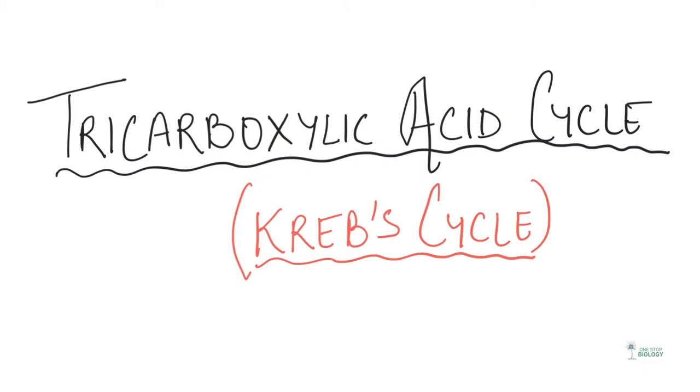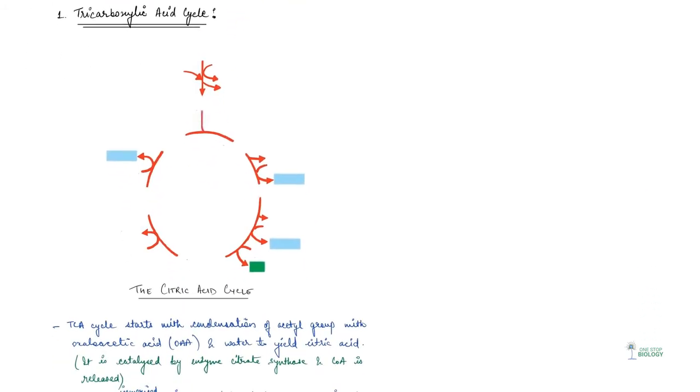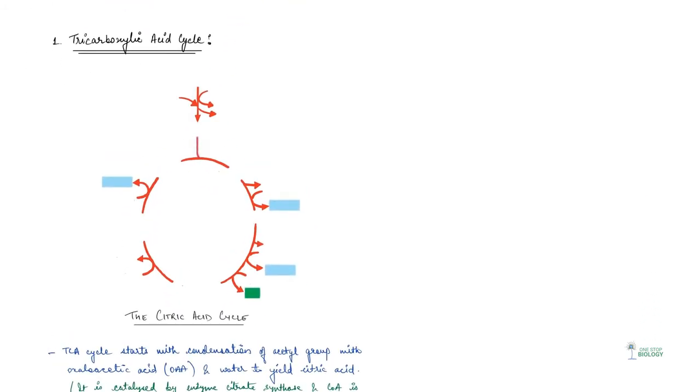So guys, let's start with the tricarboxylic acid or Krebs cycle. Now basically in the last video, we understood what is aerobic respiration, and we also understood what happens during aerobic respiration, right?